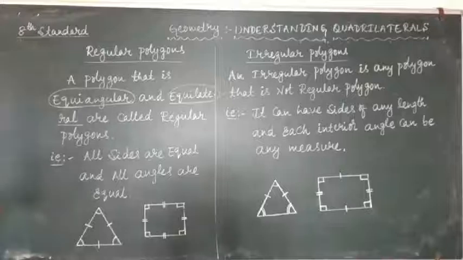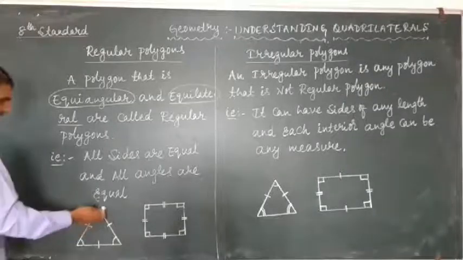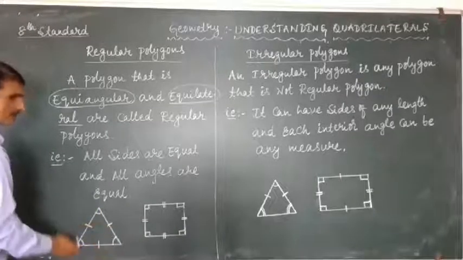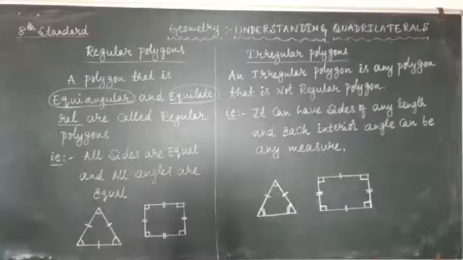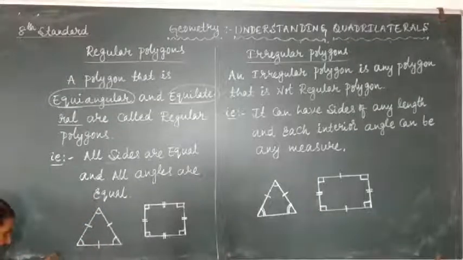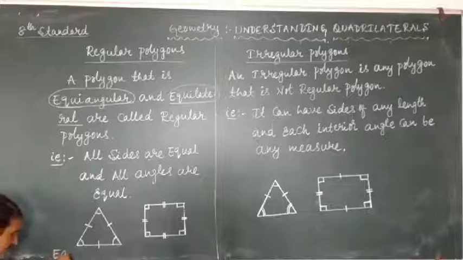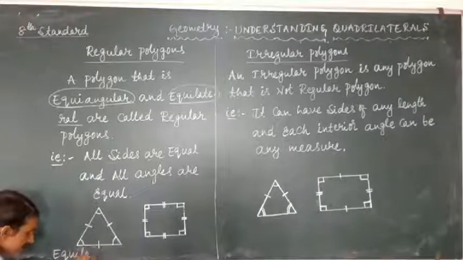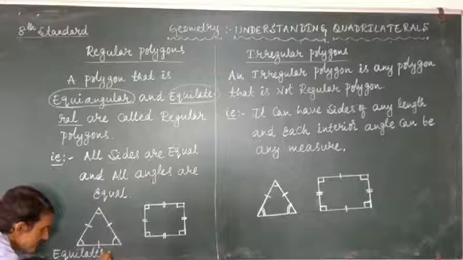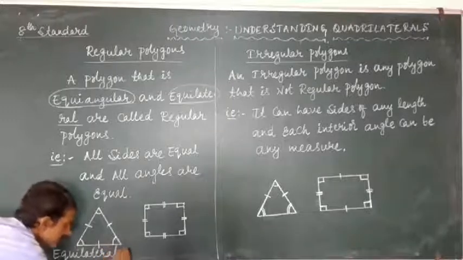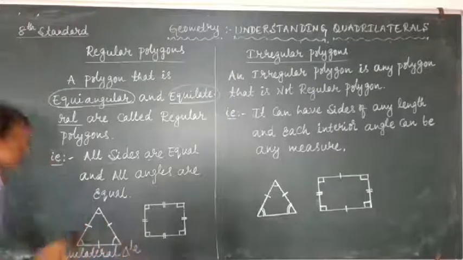So if all the three sides of a triangle are equal, what do you call such a triangle? It is called an equilateral triangle. Yes, it is an equilateral triangle.